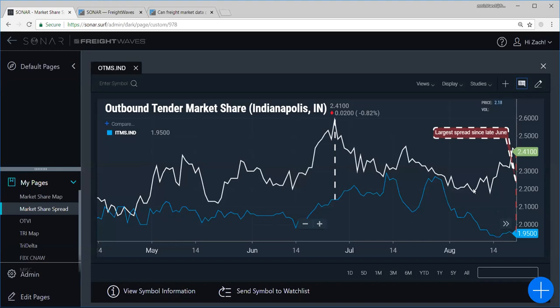So you see here in the Indianapolis market, this is the largest spread between inbound and outbound market share that we've seen since June and peak season. That tells me right there that there's a big chance that this market is going to have some spot market activity in the near future if this pattern continues. Back here in late July, it was very tight, very thin.